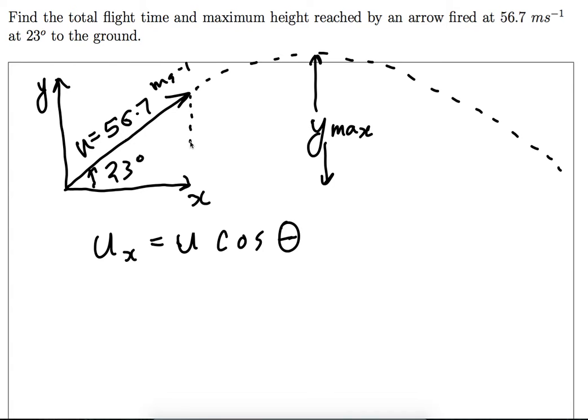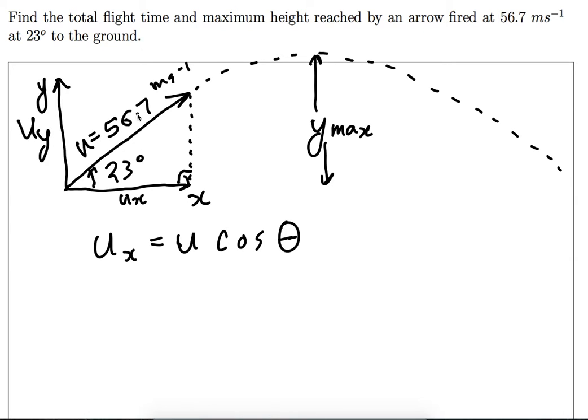If we make it into a right angled triangle, then cos is the adjacent side, so this is ux. Cos is adjacent over hypotenuse, and then we rearrange cos theta to get that expression for ux.